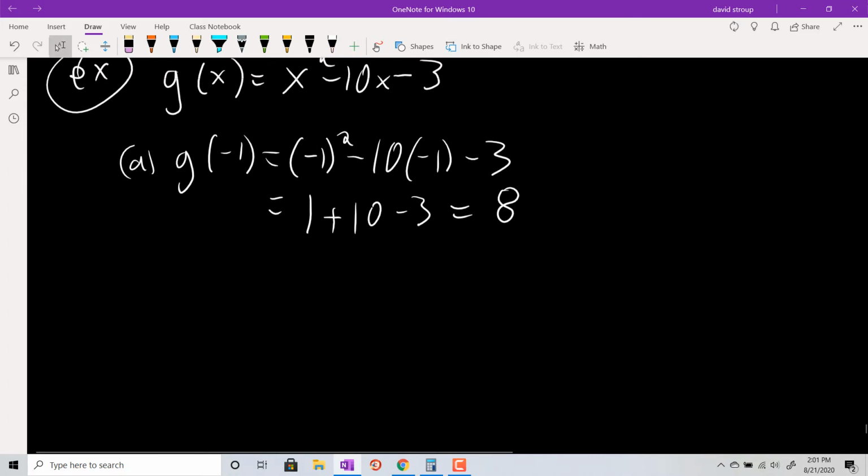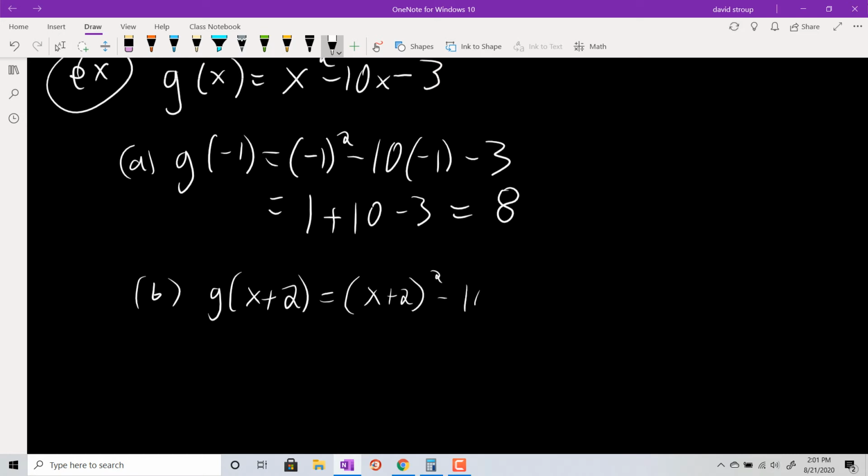Let's look at another one. So here we are transforming x plus 2 into something else. So wherever I see x, I'm putting x plus 2. The first term, x plus 2 squared, you have to FOIL it.